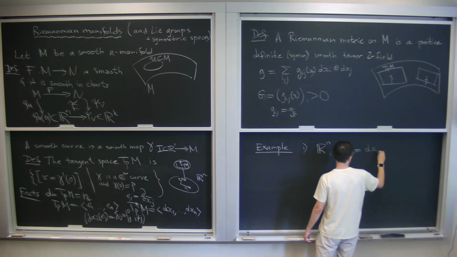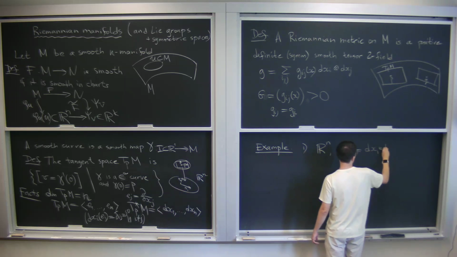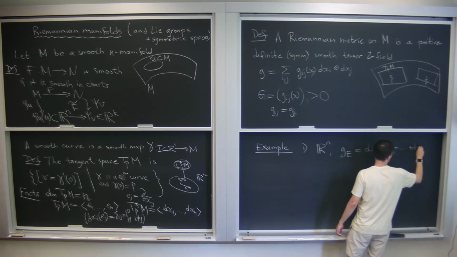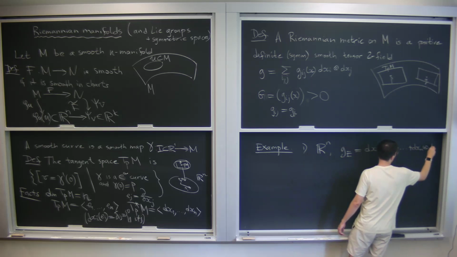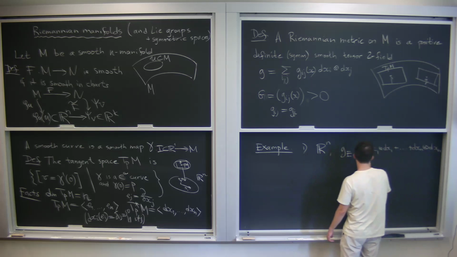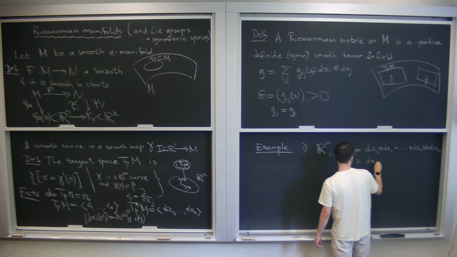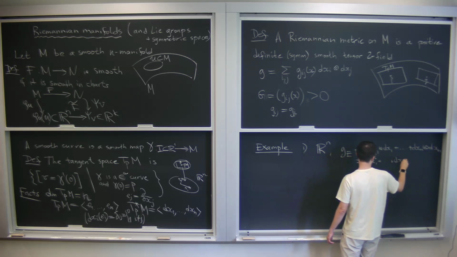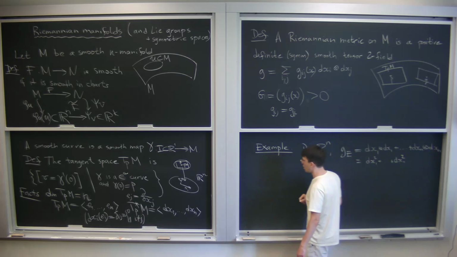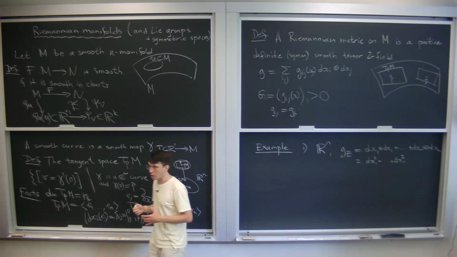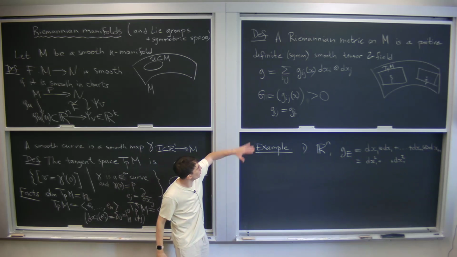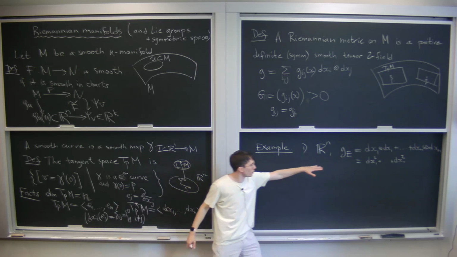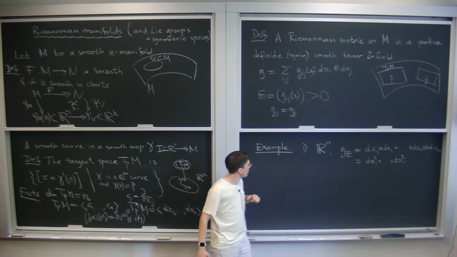It is dx_1 tensor dx_1 plus and so on dx_n. And for simplicity, we will just use dx_1 squared plus and so on dx_n squared. This means that the matrix of our metric in every tangent space is just the identity matrix, okay?